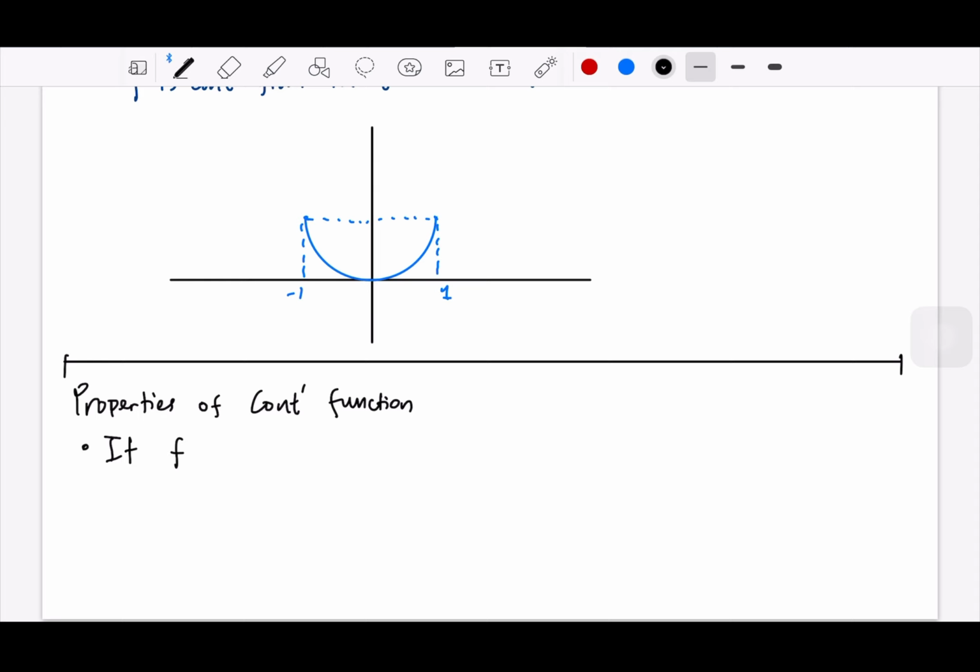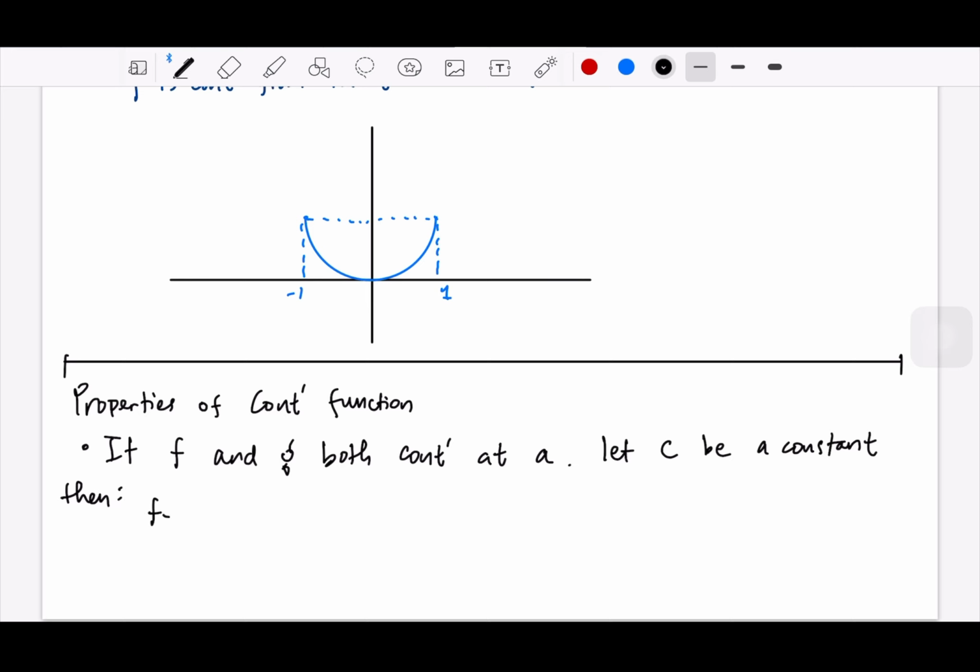If f and g are both continuous, let's say at a, and so that we can avoid confusion, let C be a constant, then all the following will be continuous.